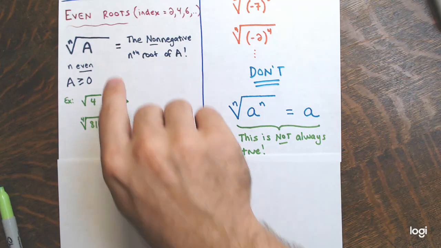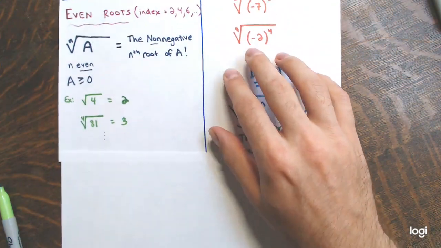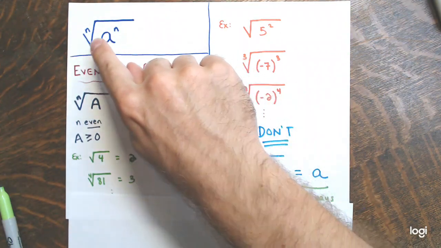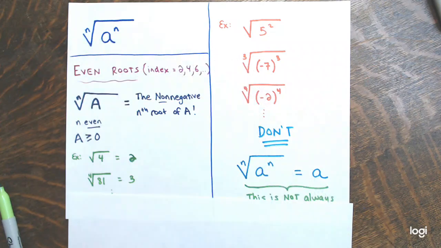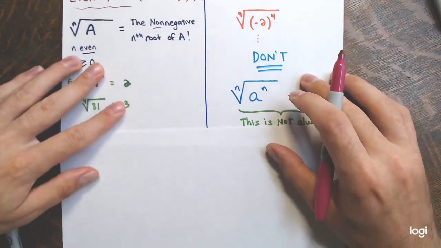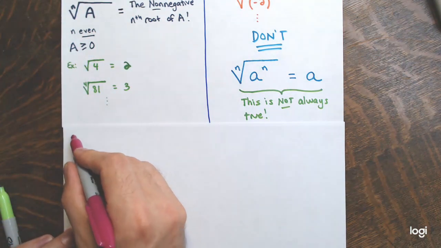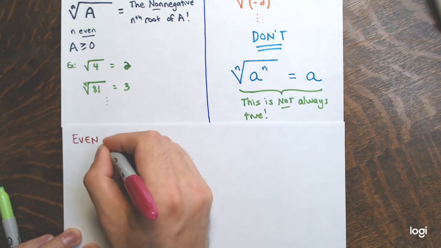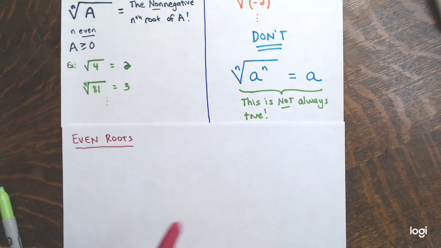So when we see an expression like this, and n is even, let's take a look at expressions like the title of the video, the nth root of something to the nth power inside. Let's see what's going to be happening when n is even. So this is still even roots.